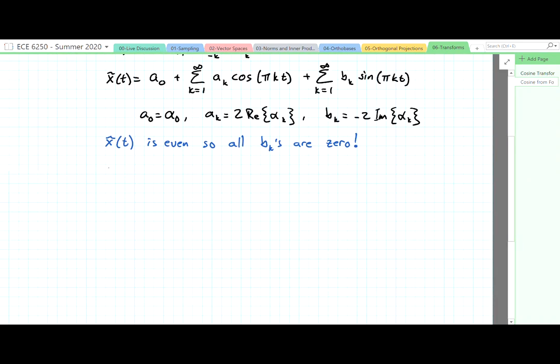That means that x tilde t is a0 plus the sum from k equals 1 to infinity of cosine pi kt. There we go.